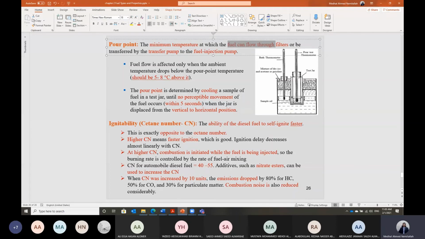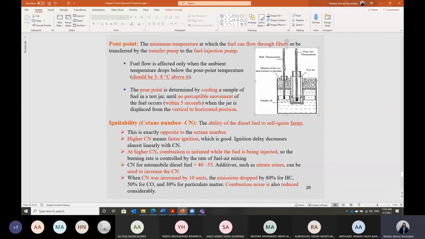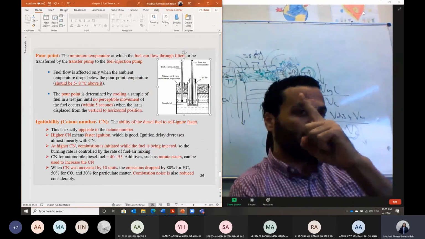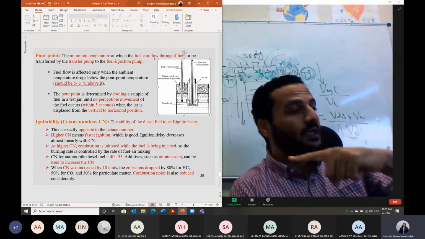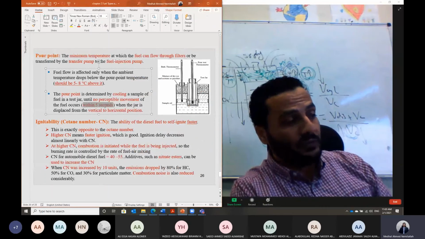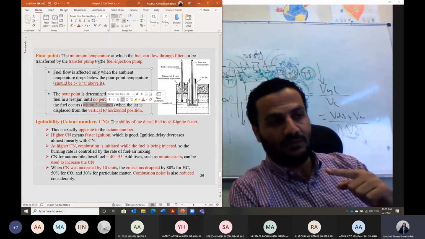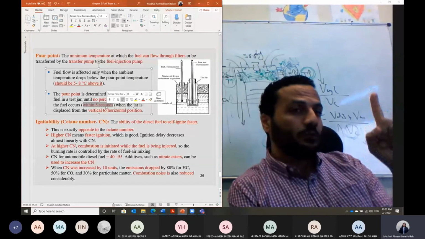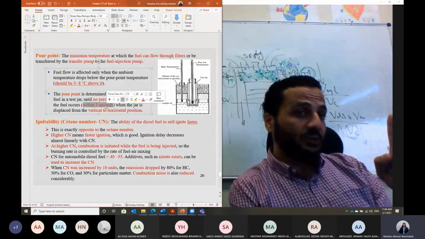In this case, we just bring a test jar, just a tube, and fill it with the diesel fuel, and then we cool it down, reducing its temperature, until when we move it from the vertical position to the horizontal position, there is no movement of the fuel within 5 seconds. So we cool down the fuel in the test jar slowly, and we reduce the temperature.